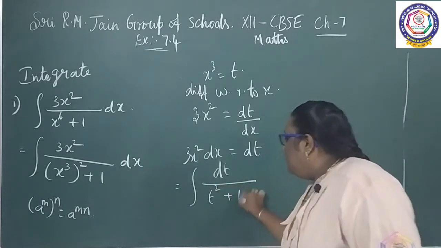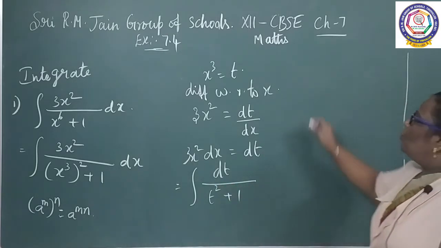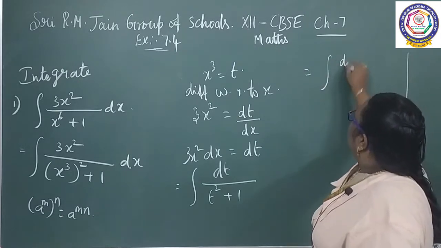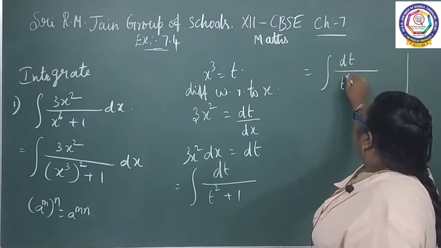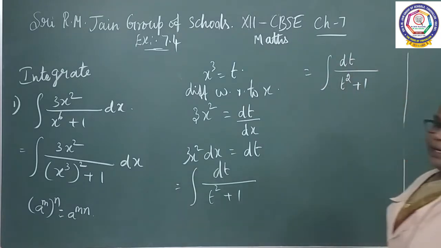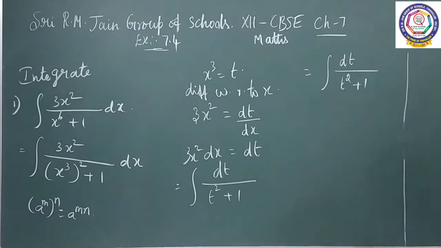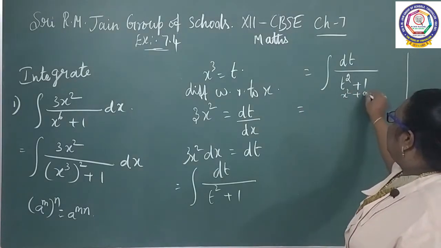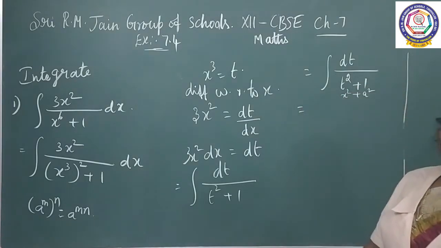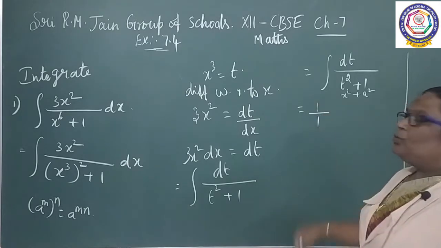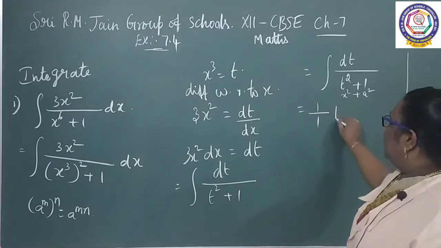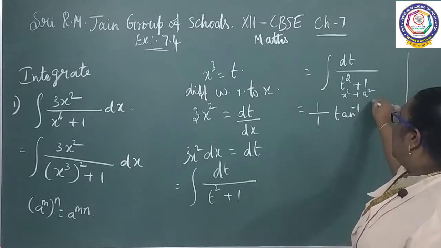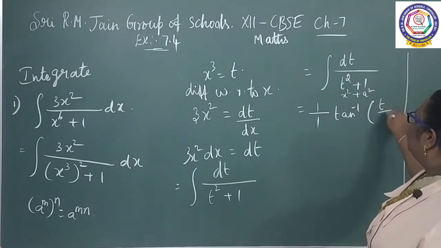So we get integral dt by t square plus 1. The formula is 1 by a tan inverse of x by a, for x square plus a square. Here a is 1, so 1 by a value is 1, and x value is t.